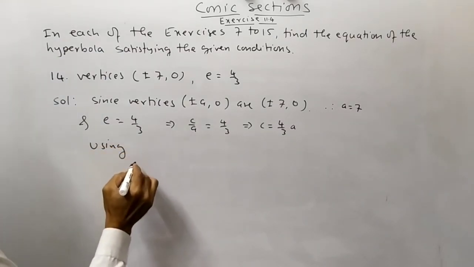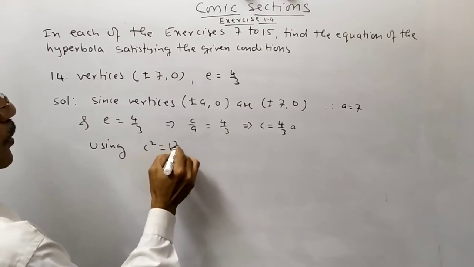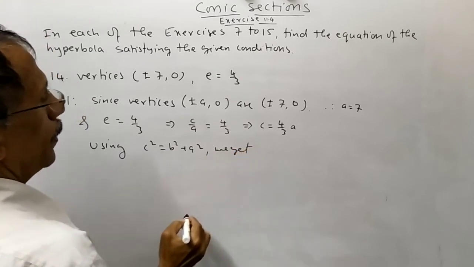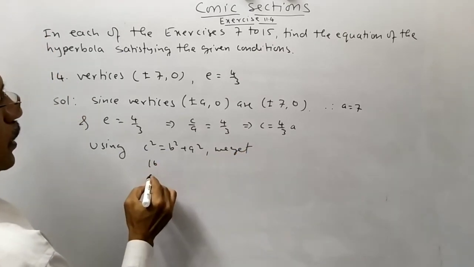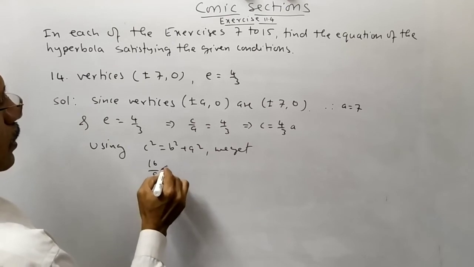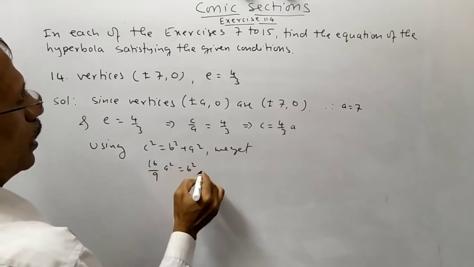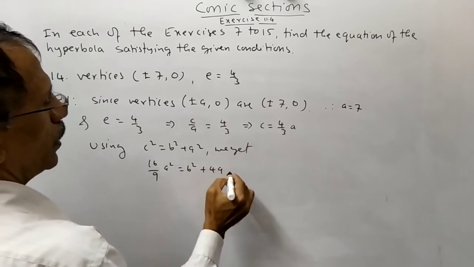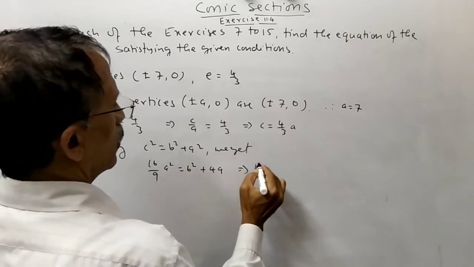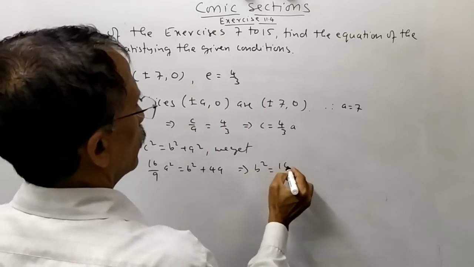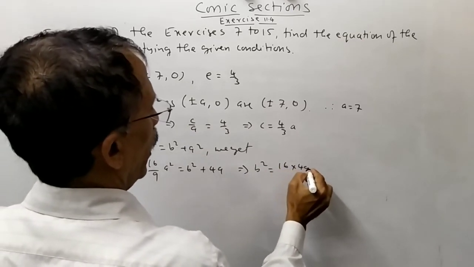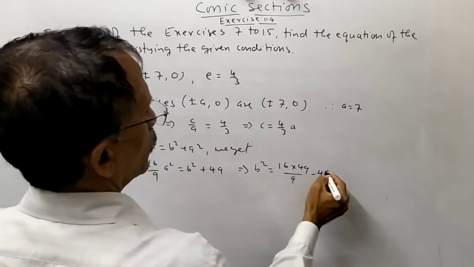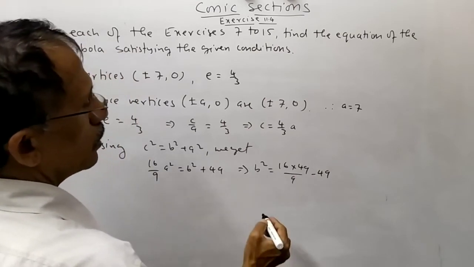Using c square is equal to b square plus a square, we get 16 by 9 a square is equal to b square plus 7 square, that is 49. This implies b square is equal to 16 into 49, that is a square value, divided by 9 minus 49.